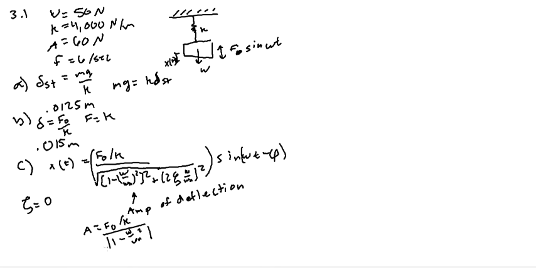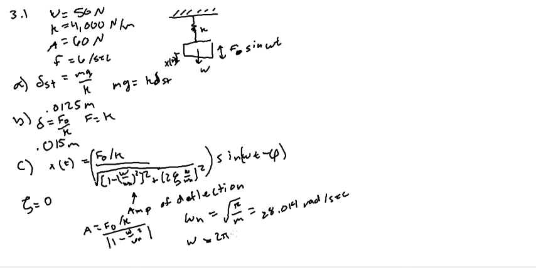We can already calculate omega n. The square root of k over m is 28.014 radians per second. Now the frequency is given to us, but not the angular frequency.